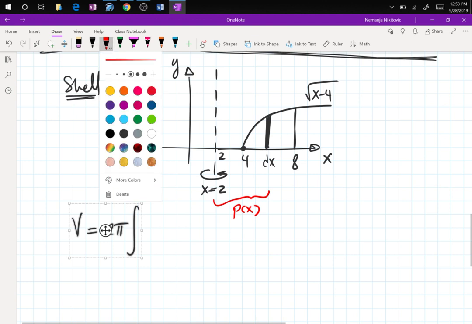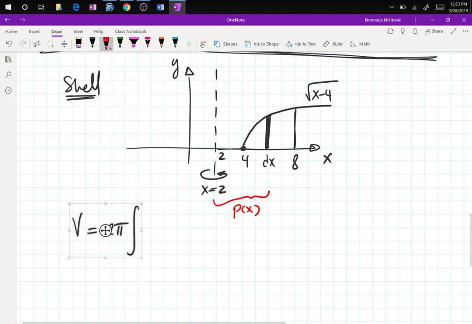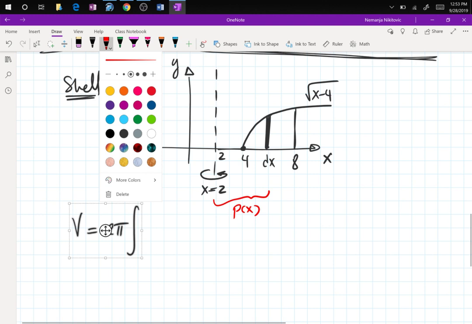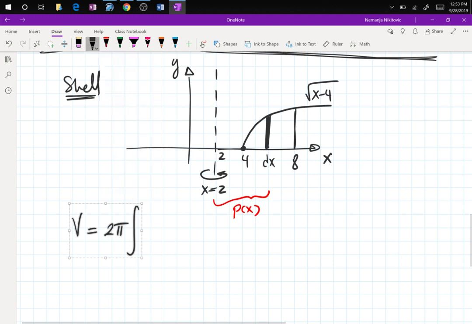Now the formula that I used was p of x, h of x, dx.